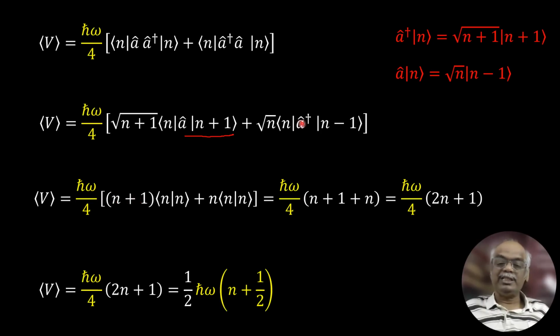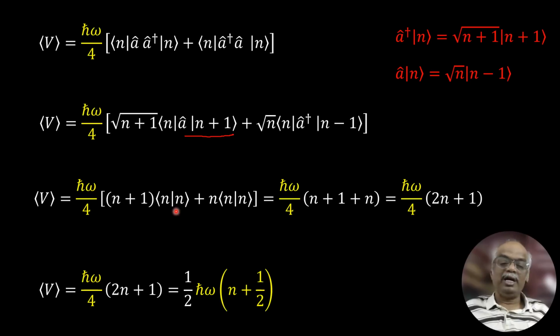Similarly, when the creation operator acts on n minus 1, it increases the energy level by 1. So this will become n with the expansion coefficient square root of n. Already there is a square root of n. So square root of n into square root of n will become just n.